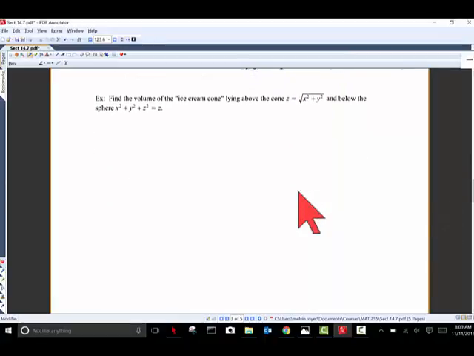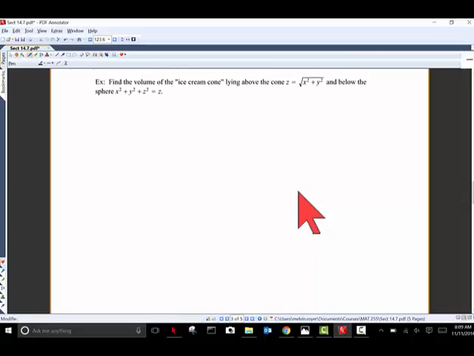Let's do a couple of other examples involving food. So find the volume of the ice cream cone lying above the cone and below this sphere. Okay, no picture this time. Let's see if we can draw one ourselves.